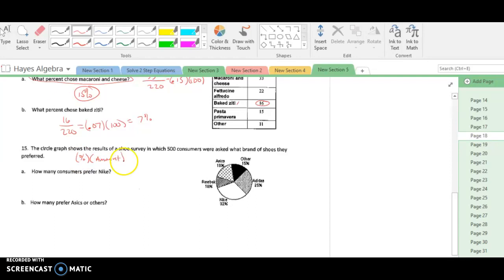So all you're going to do here is figure out what percent and then multiply it by the number of consumers. So here, Nike chose 32%. So 32% as a decimal is 0.32. Multiply that by the number of people surveyed, which was 500, and 0.32 times 500 will give you 160.